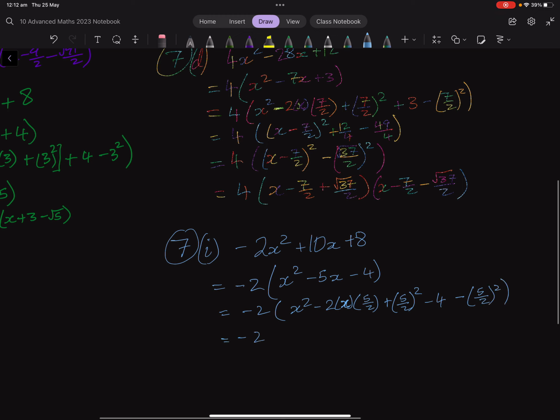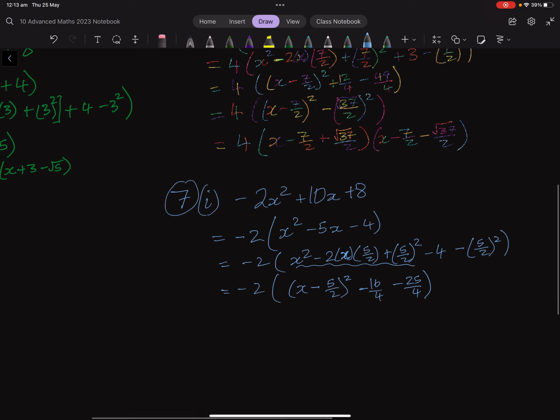The negative 2 stays out the front. The first 3 terms are a perfect square. That would be x minus 5 over 2 all squared in this case. The negative 5 over 2 squared is negative 25 over 4. So my negative 4, I could think of as negative 16 over 4. I can join those two together. Negative 2, x minus 5 over 2 all squared.